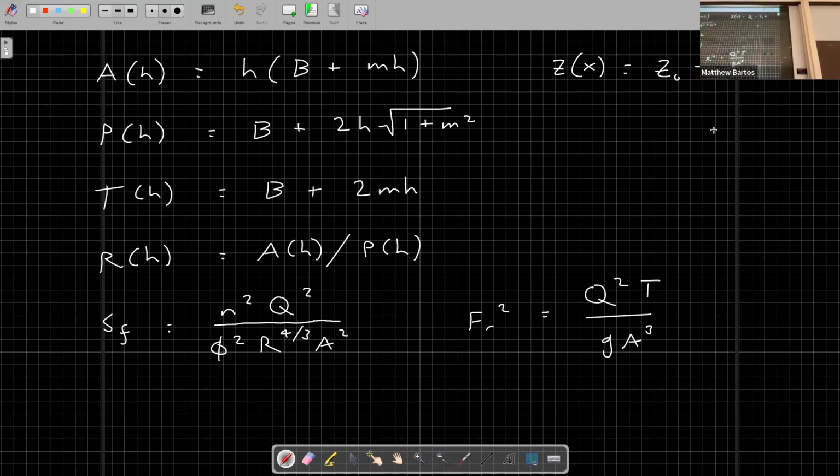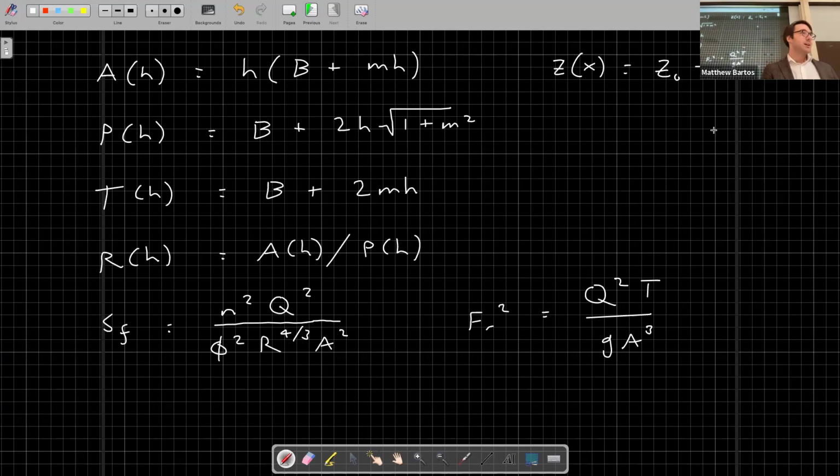The bottom elevation is equal to Z at the upstream end minus the bottom slope times the distance. We're going to need that for computing the water surface elevation.